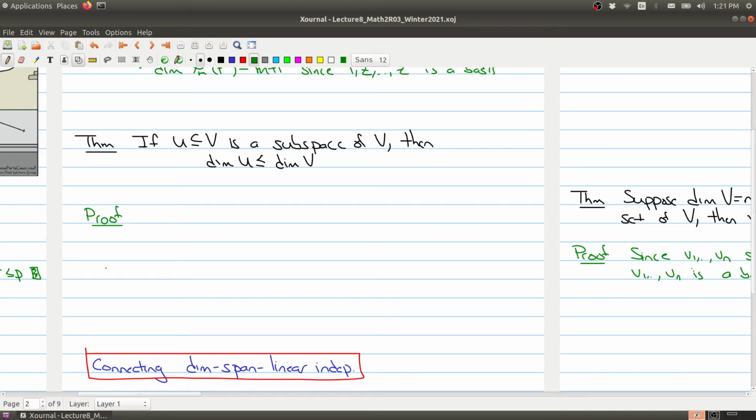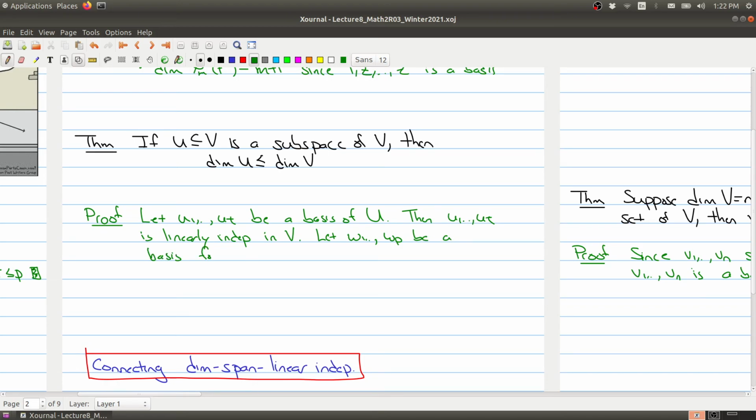The proof goes as follows. Let U1 through UT be a basis of U. Then we know that U1 through UT is linearly independent in V, and then let W1 through WP be a basis for V. So we have that P is equal to the dimension of V. We've proved earlier that for any linearly independent set, the number of elements is less than or equal to the size of any spanning set.